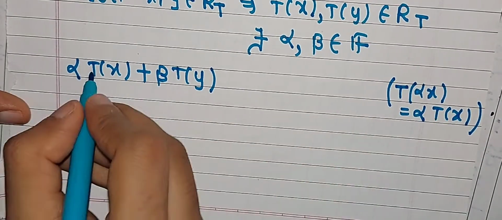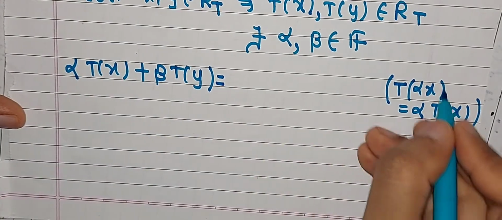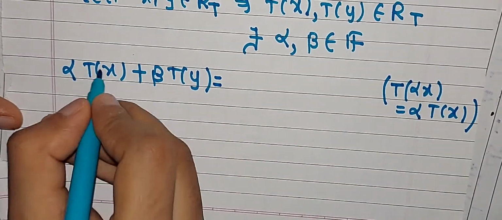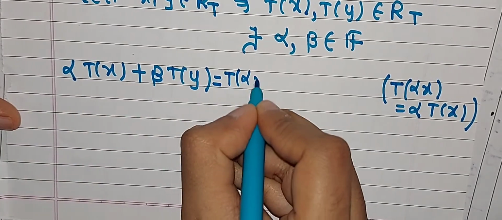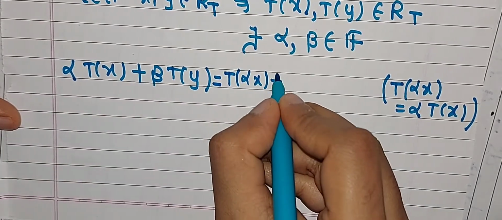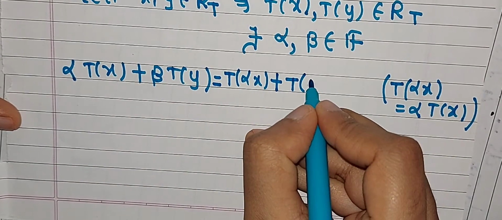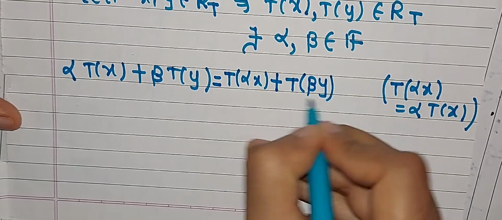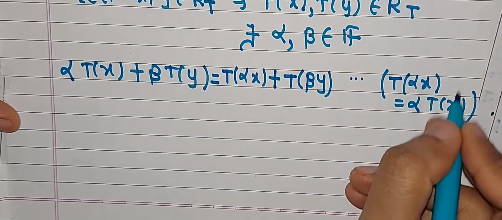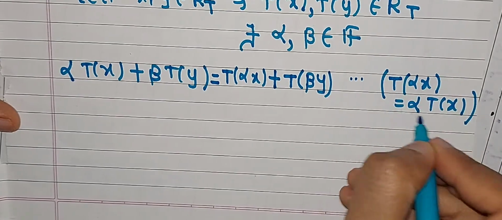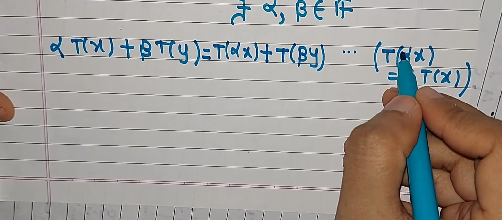So alpha T of x will give us T of alpha x. Similarly, beta T of y we can write as T of beta y, taking the middle plus sign as it is. This is possible with the help of this condition, which comes from T being a linear transformation. Okay, this is one condition of a linear transformation.